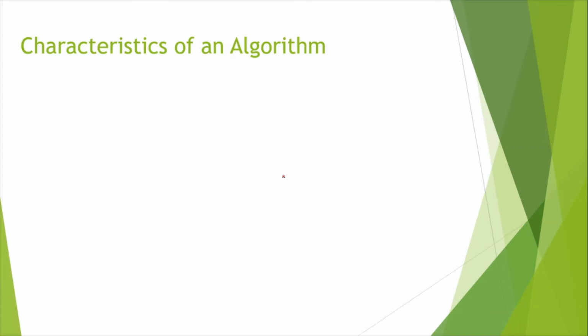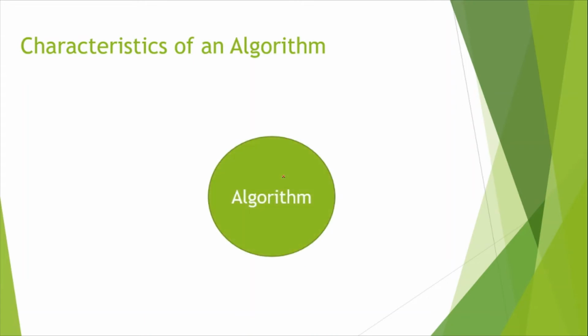What are the characteristics of an algorithm? Say this is an algorithm. There should be well-defined inputs. If the problem asks for two numbers, it is well-defined, meaning you are inputting two numbers, 1 and 2.